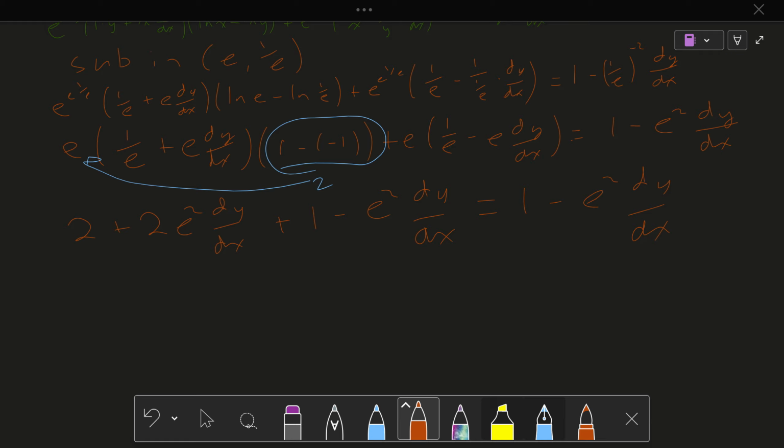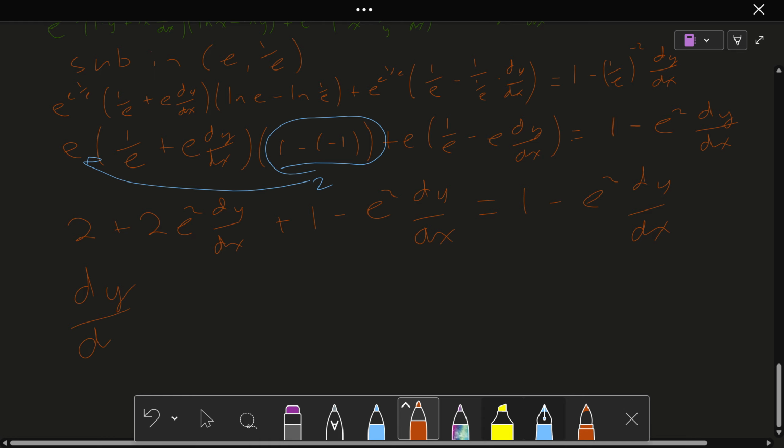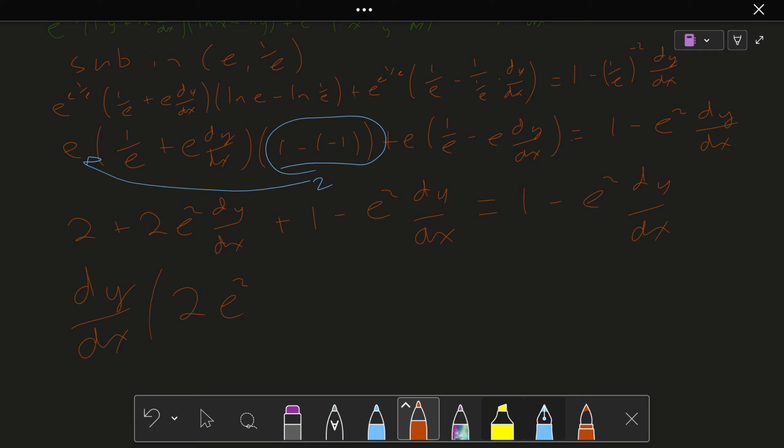So on the left-hand side is going to be all my dy by dx's, and I know that's a common factor. So I'm just going to common factor that out right away, and then I can see I'm going to have a 2e squared minus e squared. And then when I bring that other negative e squared over to the left-hand side, it's going to turn into a plus e squared. And then I have my 1, subtract 1, subtract 2.